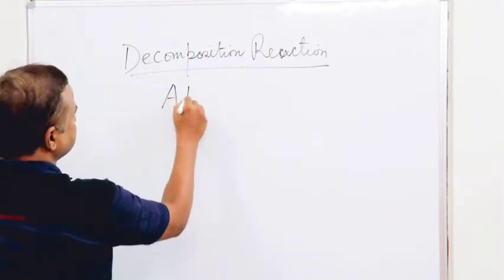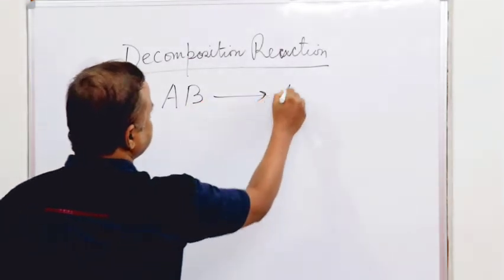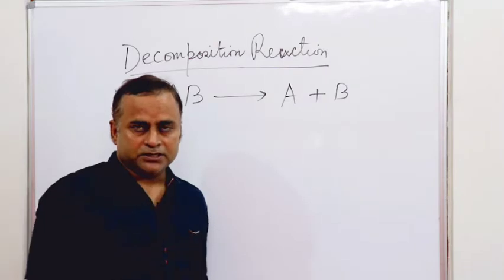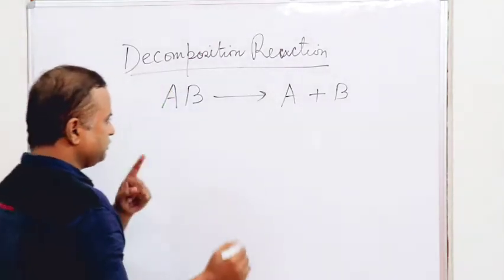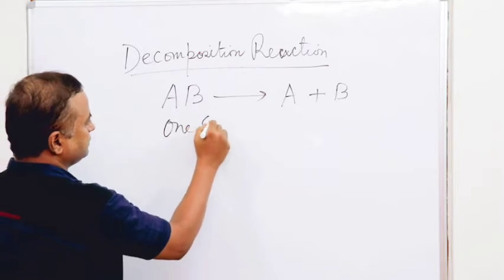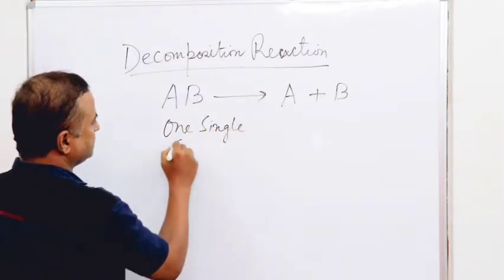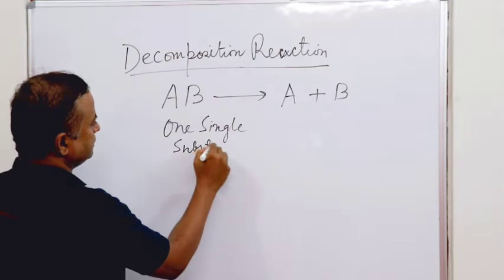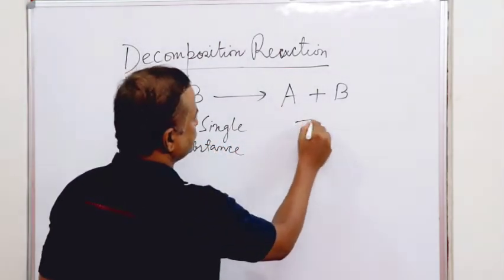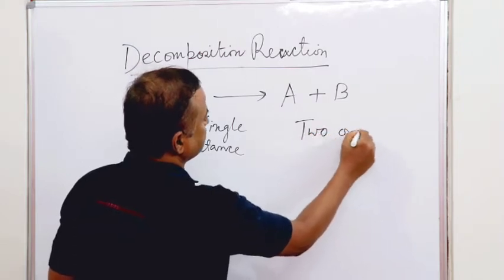Well, this is the way. Suppose AB is the single substance and it breaks into A plus B. Then we say that it is a decomposition reaction. So please remember here, from one single substance we get two or more substances.